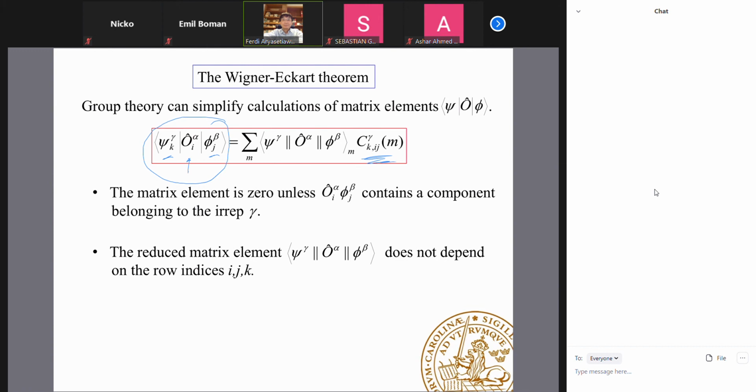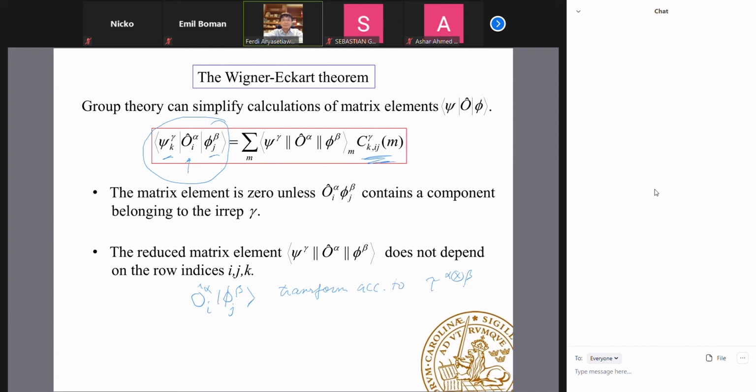So the idea is that if we think of this state as a state, this is actually transformed according to the direct product representation. I will show this later. So this transforms according to T alpha cross beta.